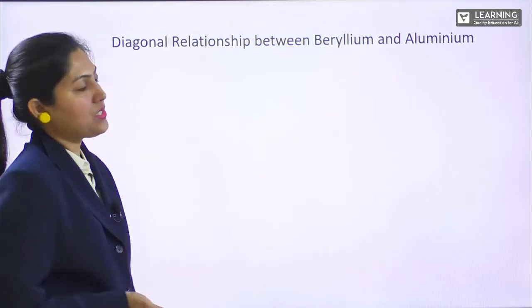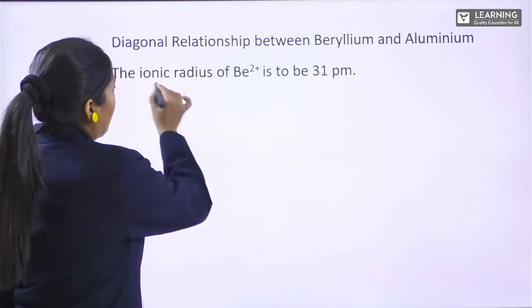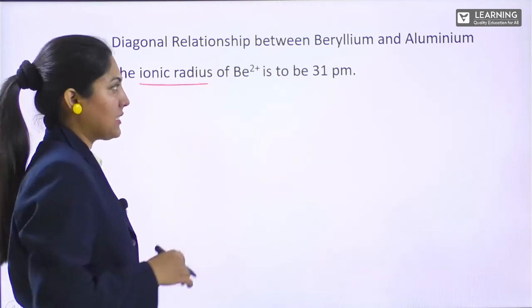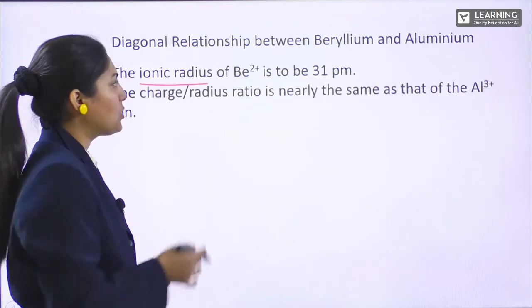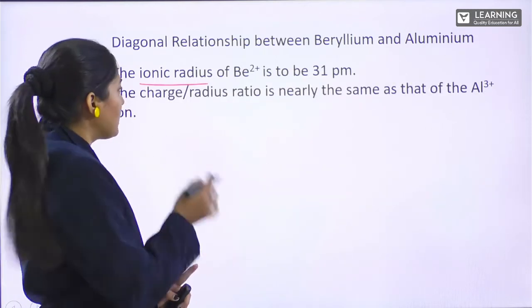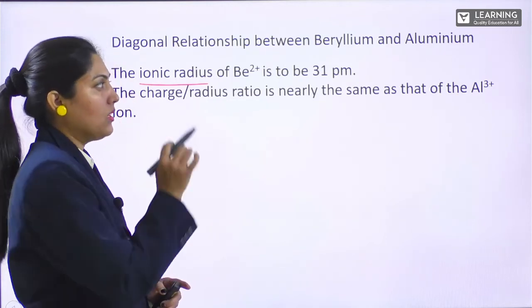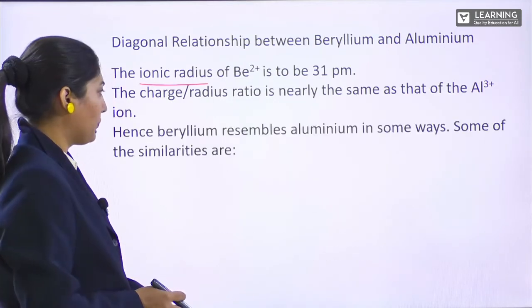Now the diagonal relationship between beryllium and aluminium. Both their ionic radii are very small, that is 31 picometer. Whereas if you see the charge to radius ratio, it is very small and almost similar to that of the aluminium ion.